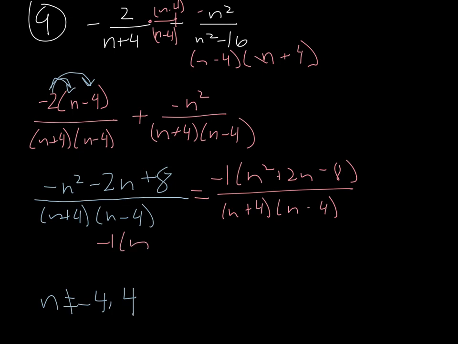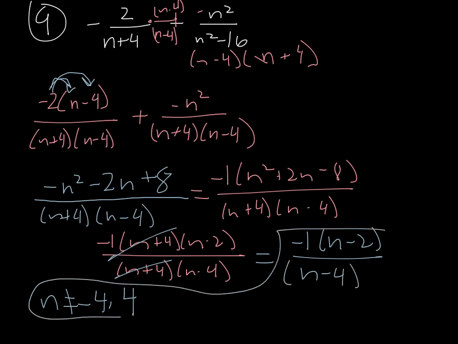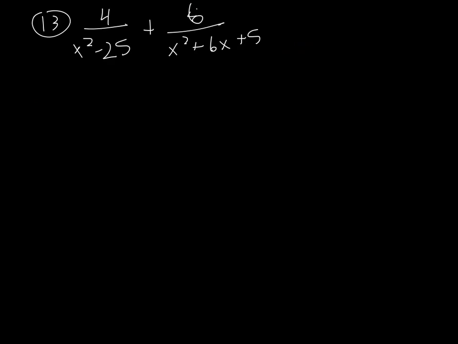And then if I factor this, it would be n plus 4, n minus 2. And on bottom I still have my n plus 4 and n minus 4. And then these two can cancel each other out. So my final answer here would be negative 1 times n minus 2 over n minus 4, with this restriction.